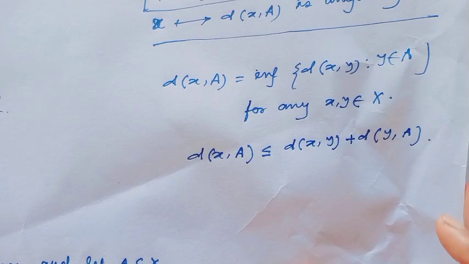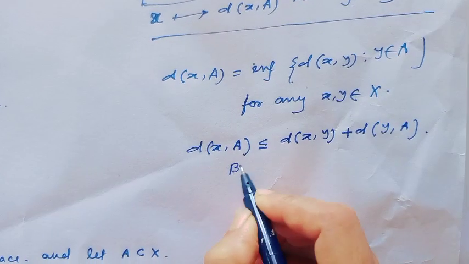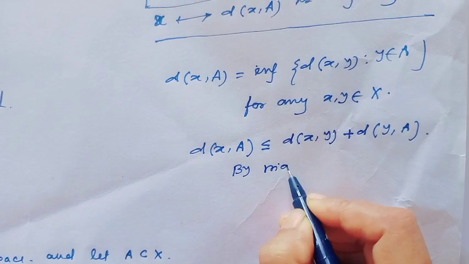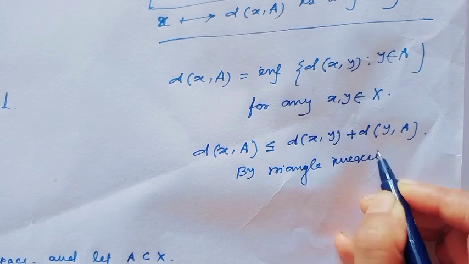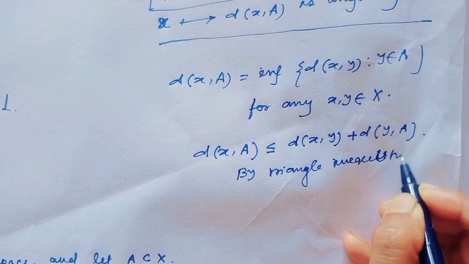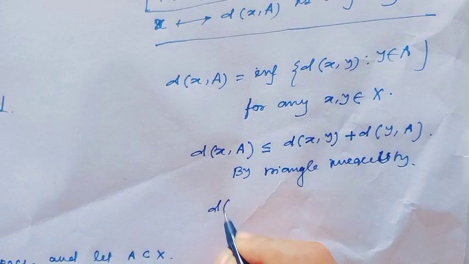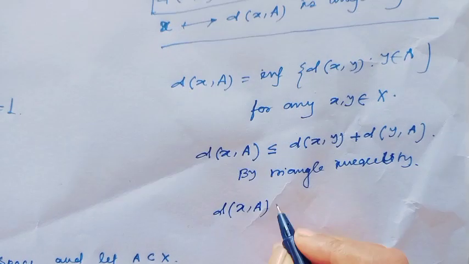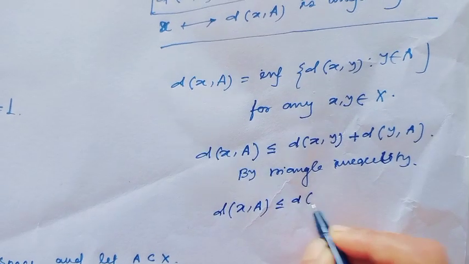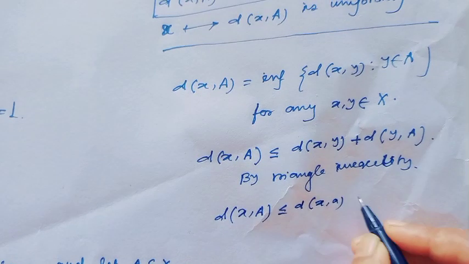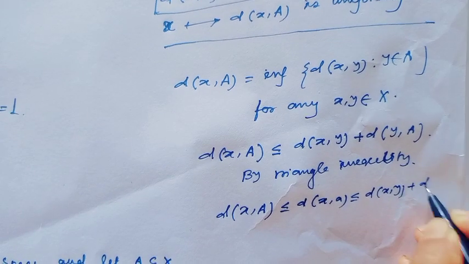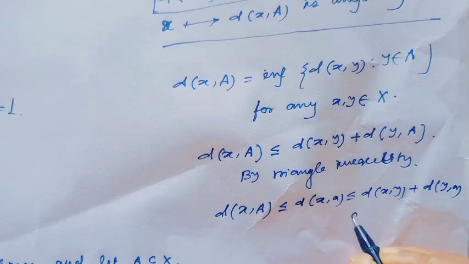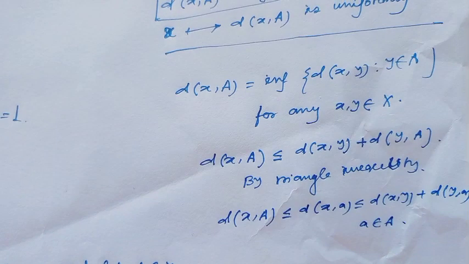Now, by the triangle inequality, d(x,A) is less than or equal to d(x,a), which is less than or equal to d(x,y) plus d(y,a). Here a belongs to capital A.